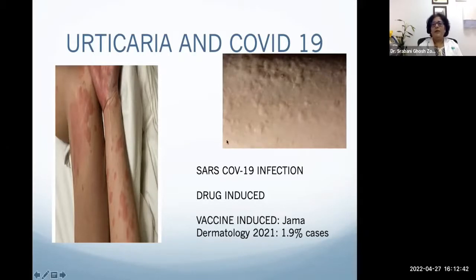So COVID-19 infection can give rise to urticaria, and it is thought that complement and mast cell activation happens due to direct cytopathic effect of the SARS virus, or it could be the cytokine signaling defect which leads to these urticarial lesions. And of course, during this pandemic, we have used lots and lots of drugs which could have given rise to these new onset urticarial reactions.